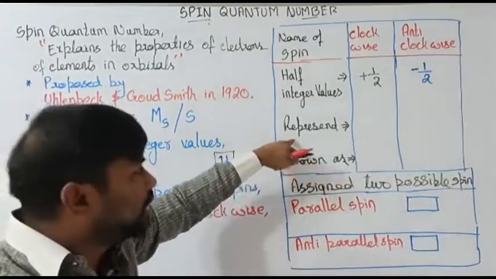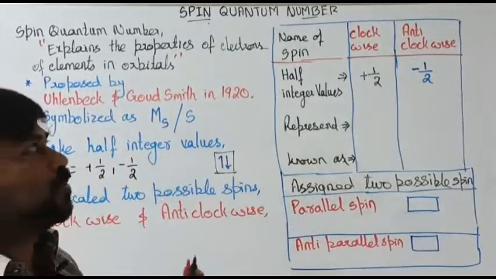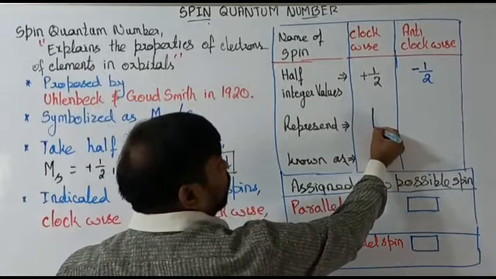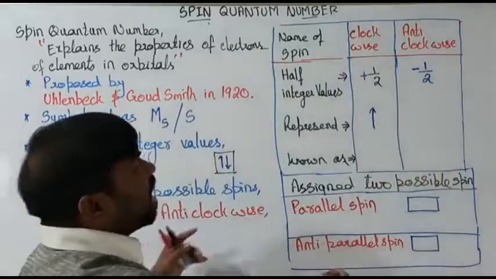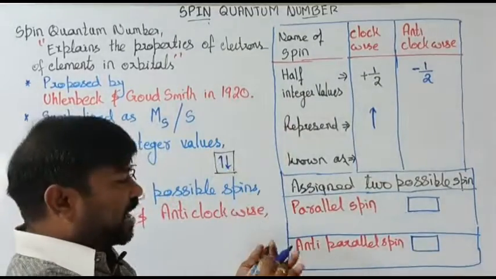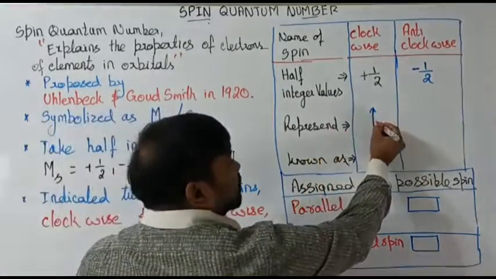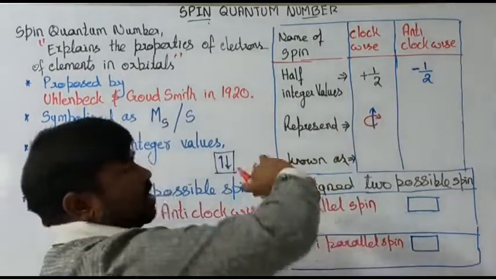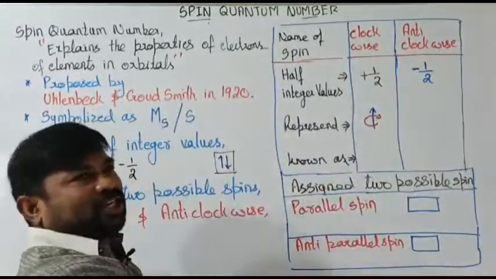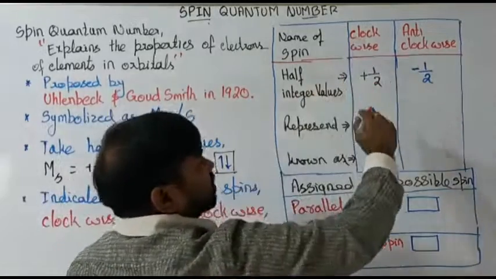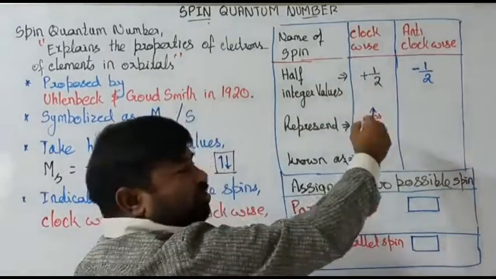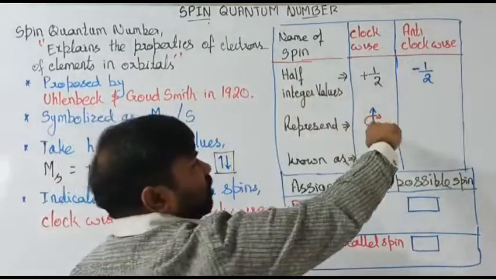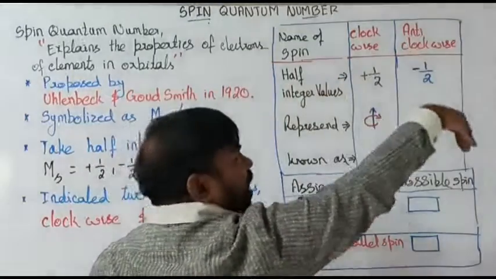Now, how are they represented? If you go upward, as it is in the clockwise direction, it is represented like this. See the arrow mark here, it is going in the clockwise direction, the upward direction, and it is the direction in which we are showing it.